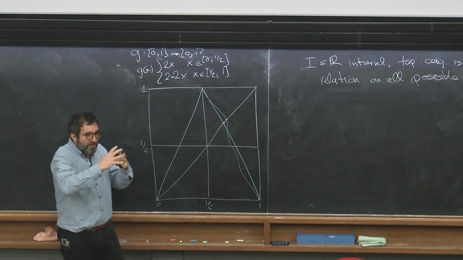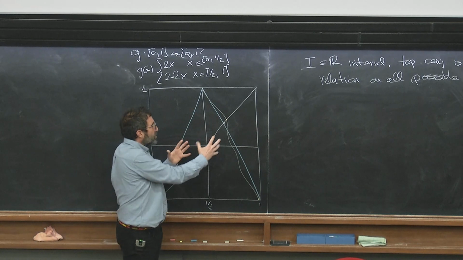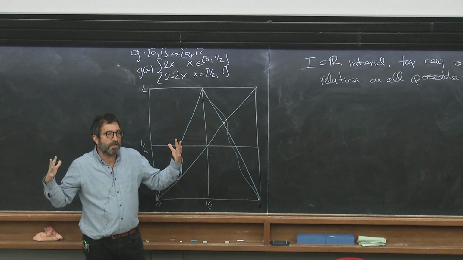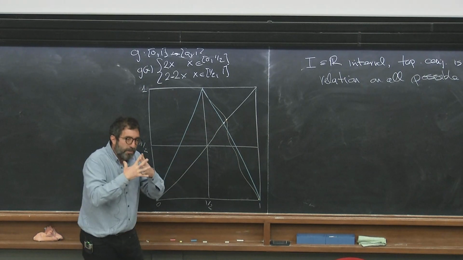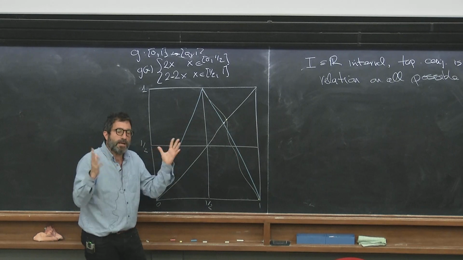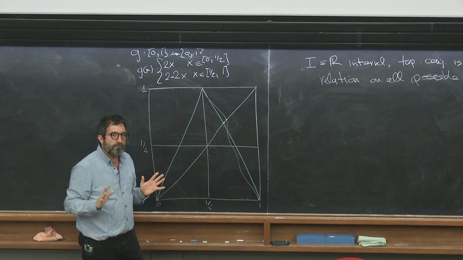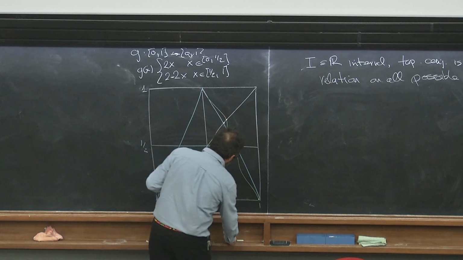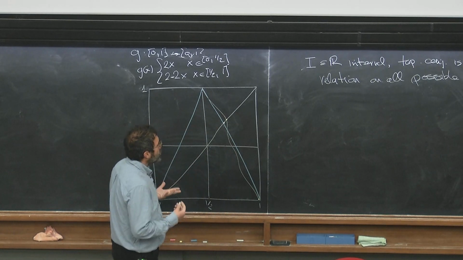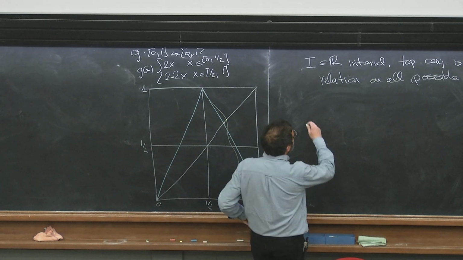It means that I've just changed a little bit the position, but the topological conjugacy still matches up all the periodic points, all the orbits, all the omega limits, and everything. So this is the question of structural stability.